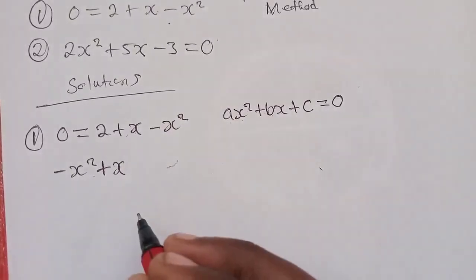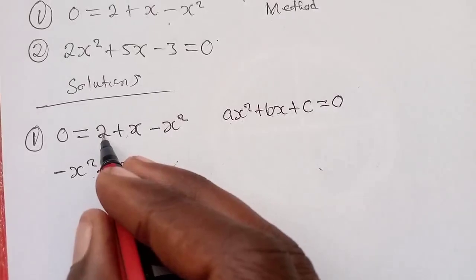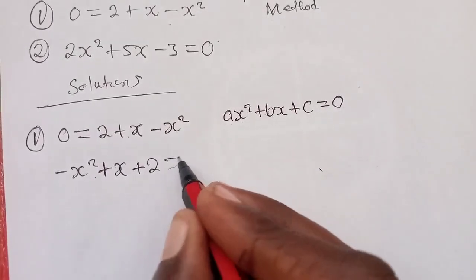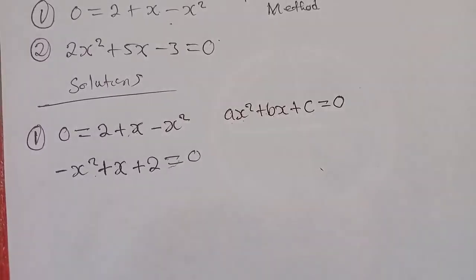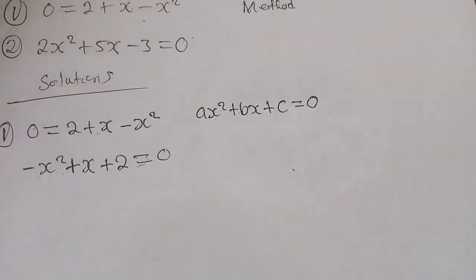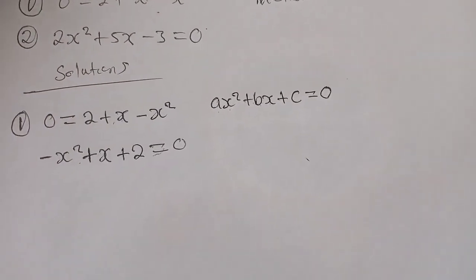Then this one is also positive, so you write positive 2. Then the equal sign, you put the 0. As simple as that. This is what you are supposed to do.